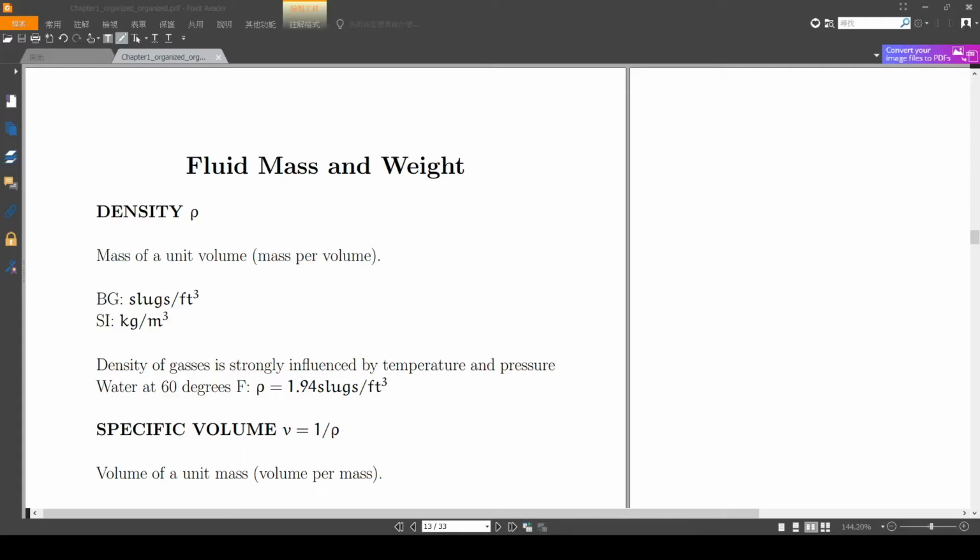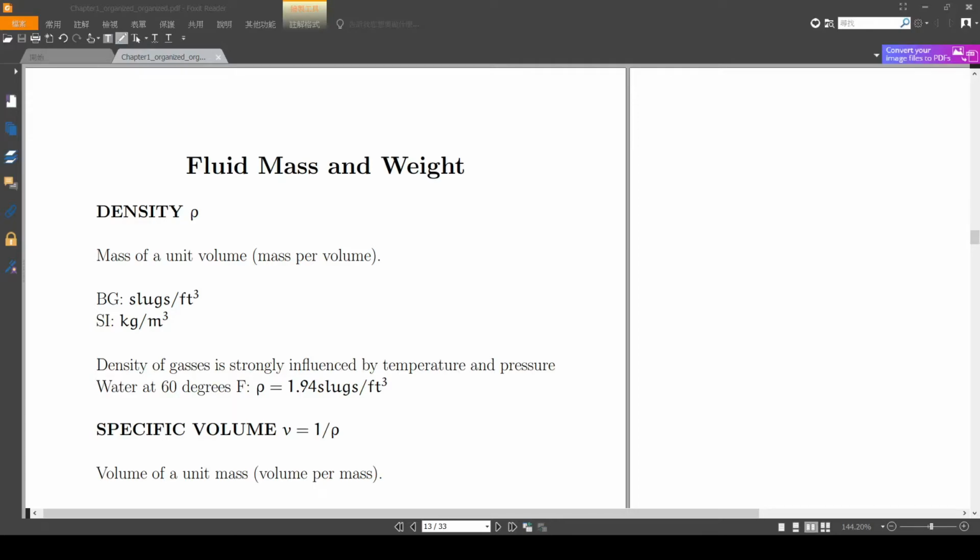Is this something similar? If we want to analyze the fluid's behavior, then we should tell some basic properties of a fluid. So this part is very simple. We just quickly go through this part.